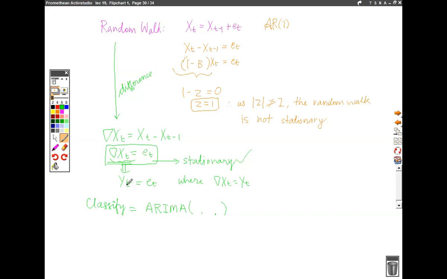So I don't have any of the lagged values for nabla Xt here. No Xt minus 1, nothing. And I don't have anything here as well. But I had to difference this series once to get to a stationary process. So I have 0 here, 1 there, and 0 here. So my random walk process is just an ARIMA(0, 1, 0) process.